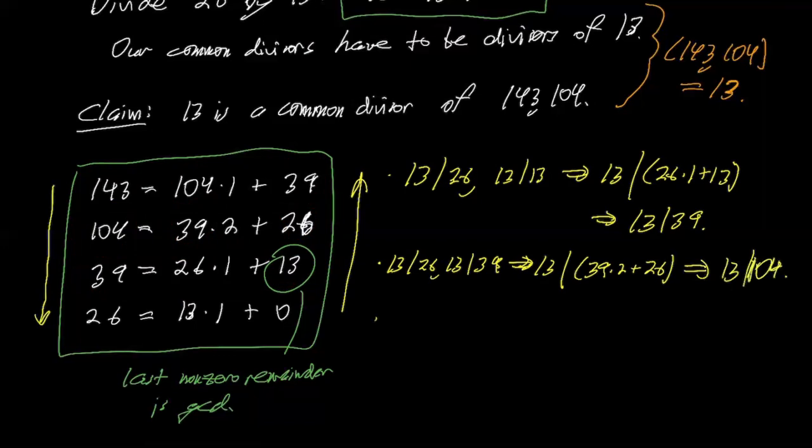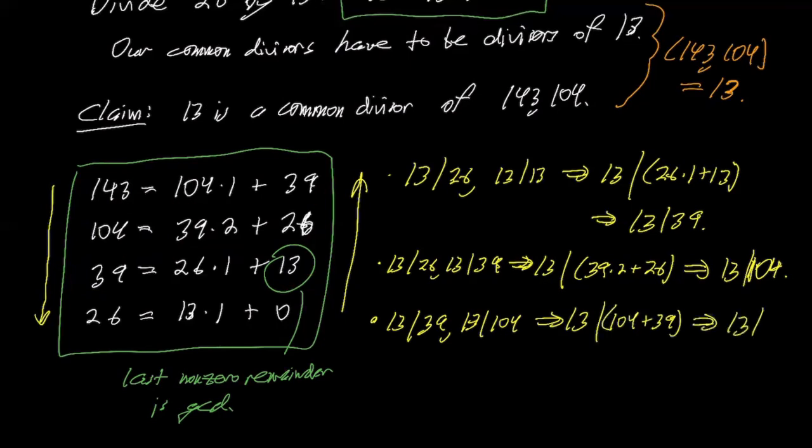And then finally 13 divides 39, 13 divides 104, means that 13 is a divisor of 104 plus 39. So 13 is a divisor of 143. So 13 is a common divisor.